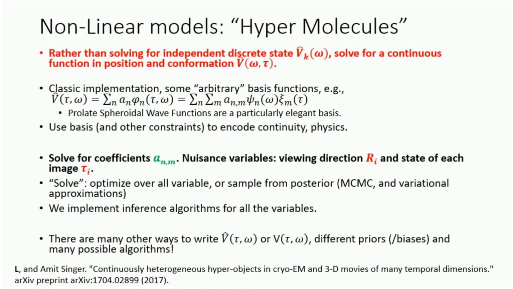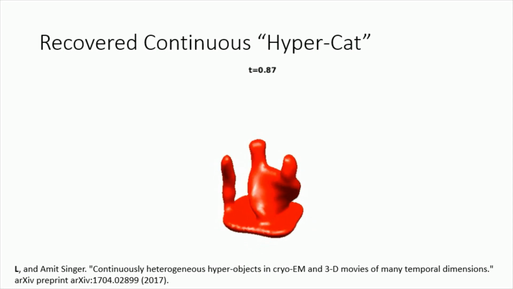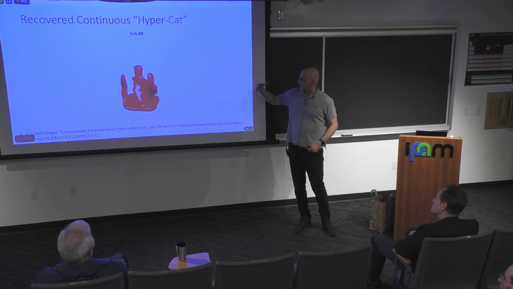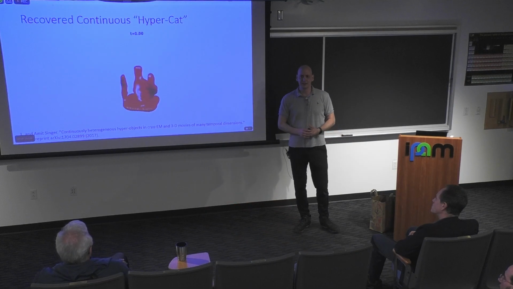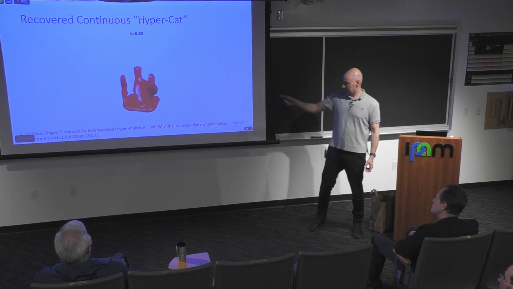So that's one way of representing them. That's the original cat from that experiment. You throw in this very silly kind of gradient descent type algorithm that takes images, you don't know what the orientation is, you don't know what conformation is for each one of them, and it infers this cat, and it infers this continuum of different states.